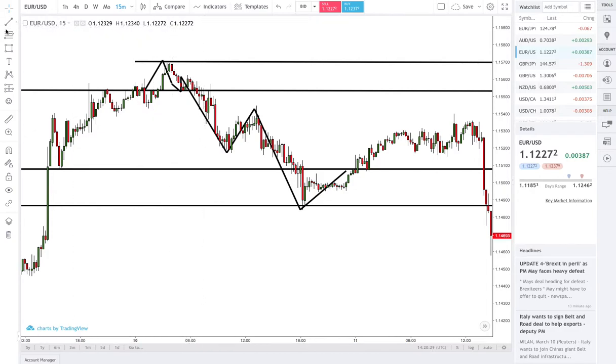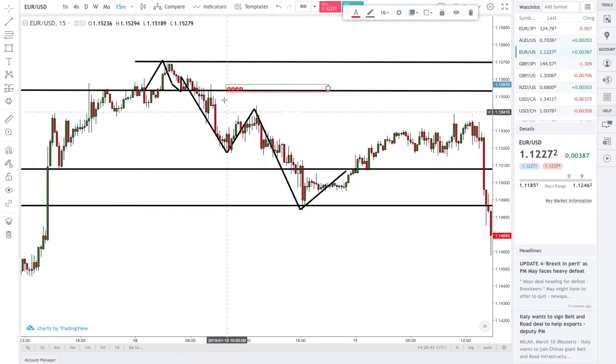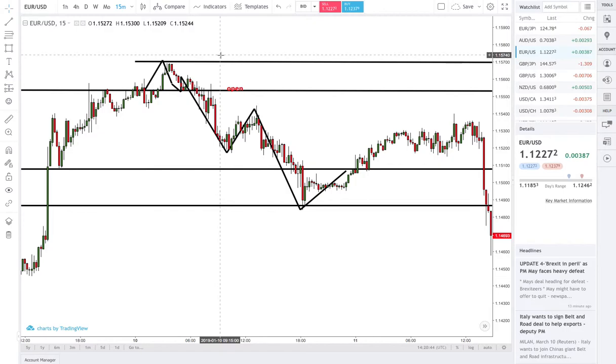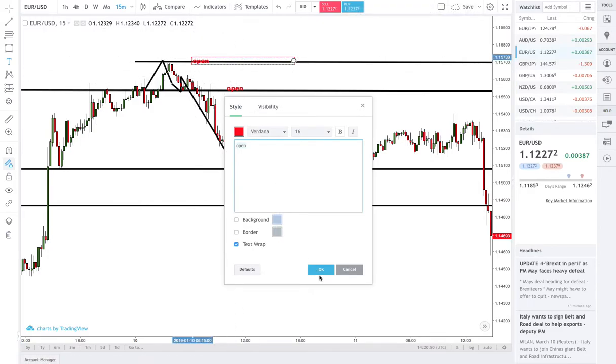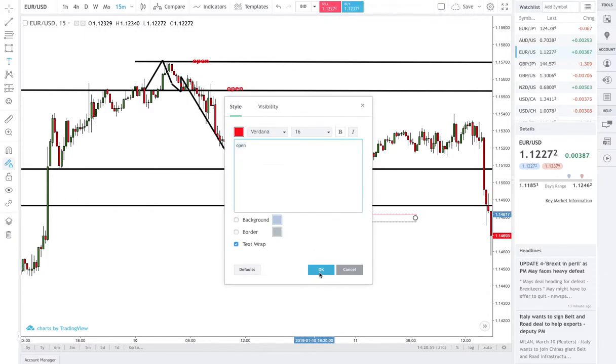So right here you have the open, the high, and then you have the low and the close.